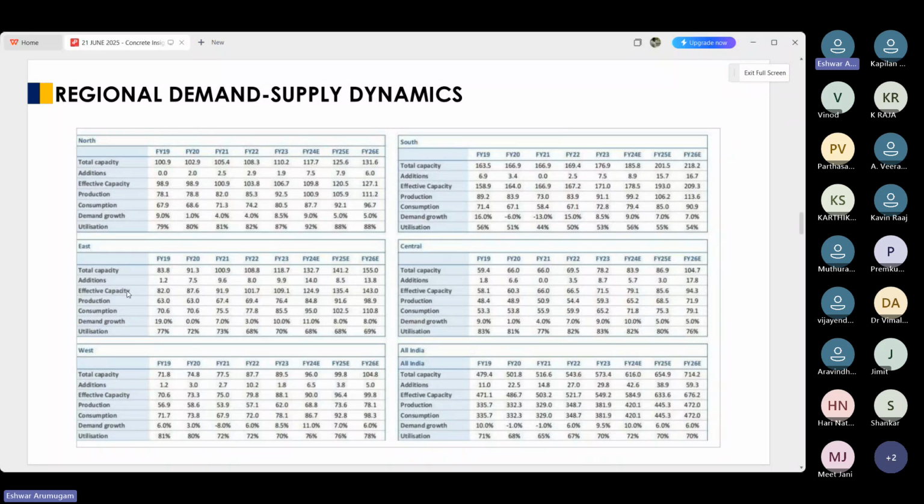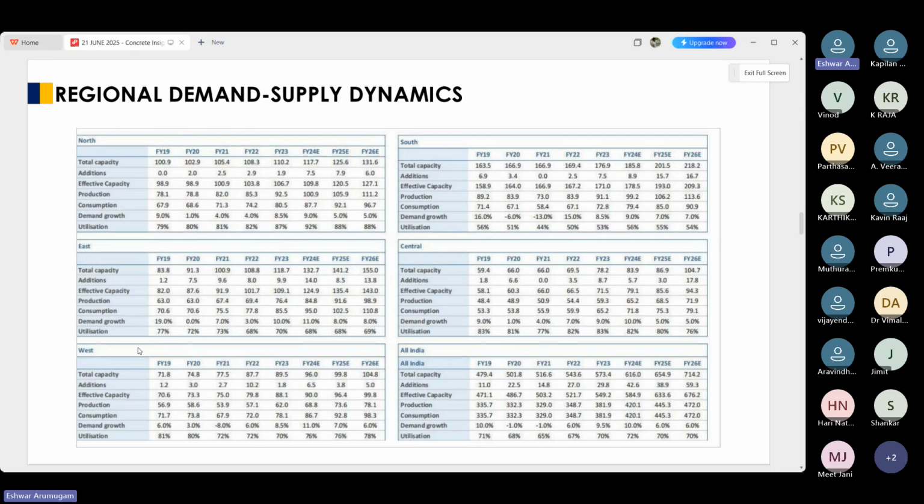Now, if we look at the East Indian market, it is a very high growth market, and all the top 5 players have expanded here and have almost equal market share. Demand drivers here are infra and also robust housing demand. And if we look at the West Indian industry, it is a very low growth market, primarily Maharashtra and Gujarat.